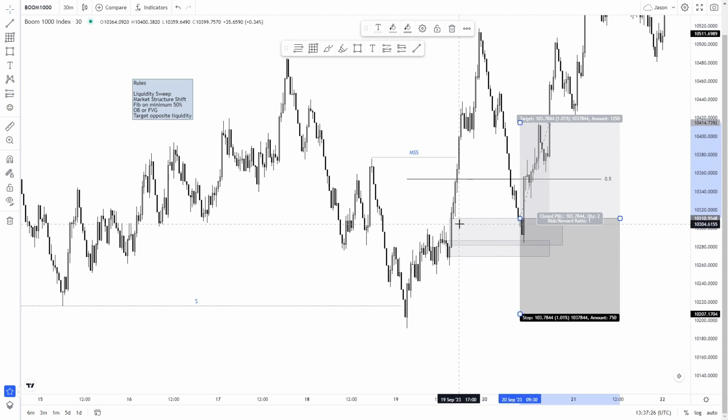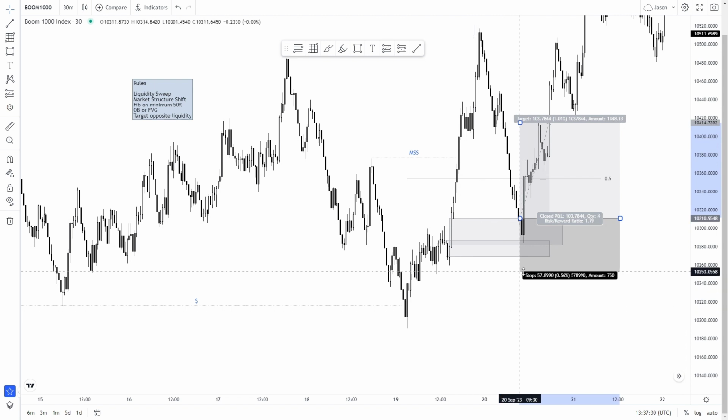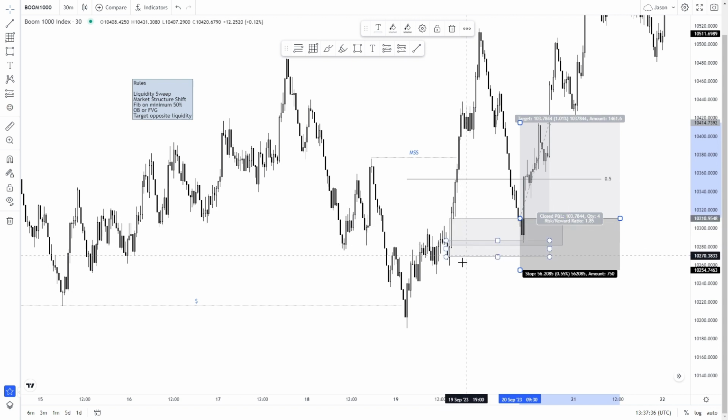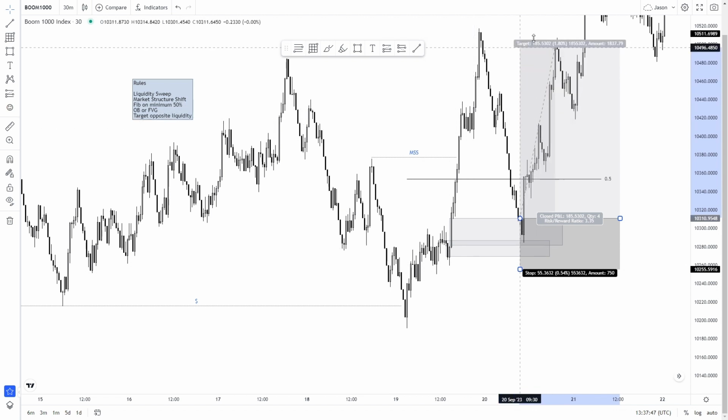Alright, so let's say you've entered on the fair value gap, stops just below the candles that created the fair value gap. So a fair value gap consists of 3 candles, 1, 2, 3. My stop loss would be below that low, this one here, and I will target the next level of liquidity.